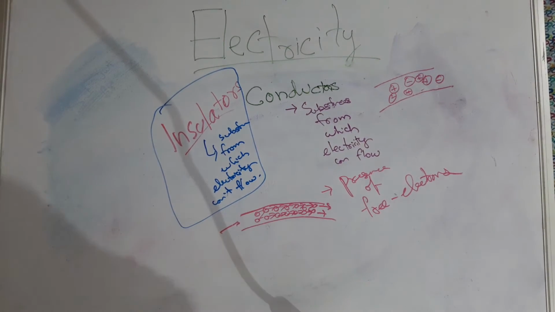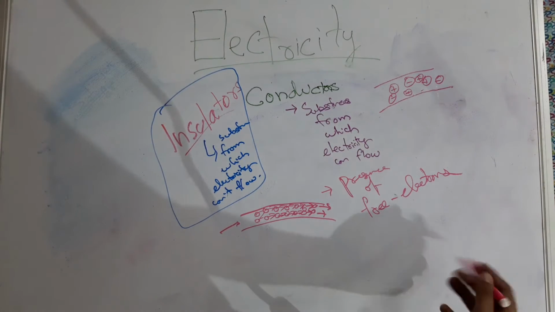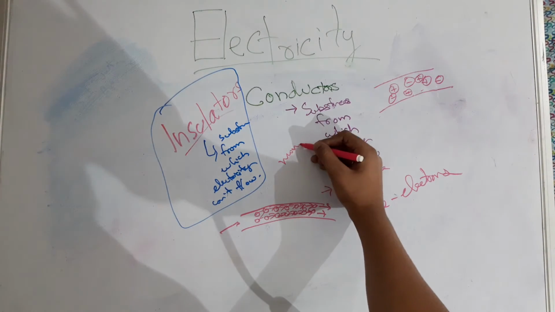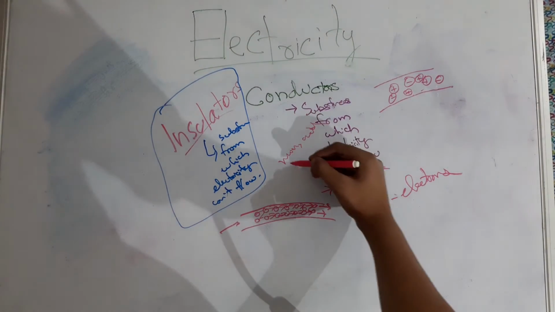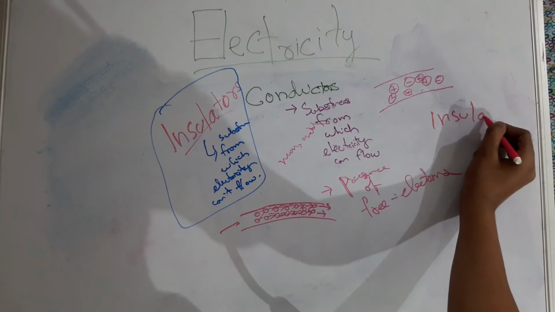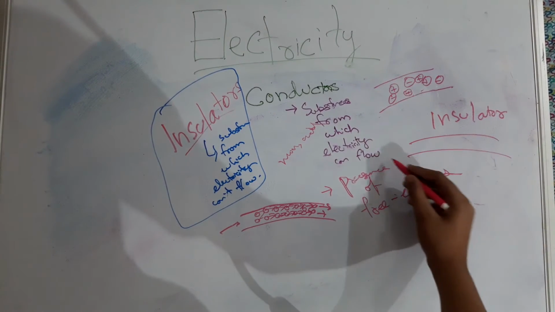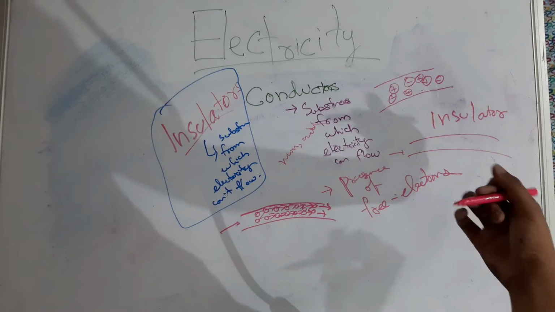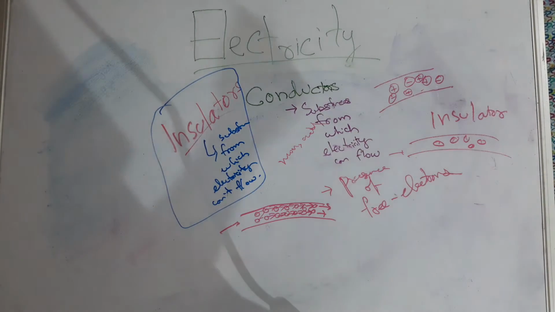And let's take a non-metal other than graphite, or you can say, let's take an insulator. Here, when electricity is passed, electricity cannot even pass because the electrons are fixed.